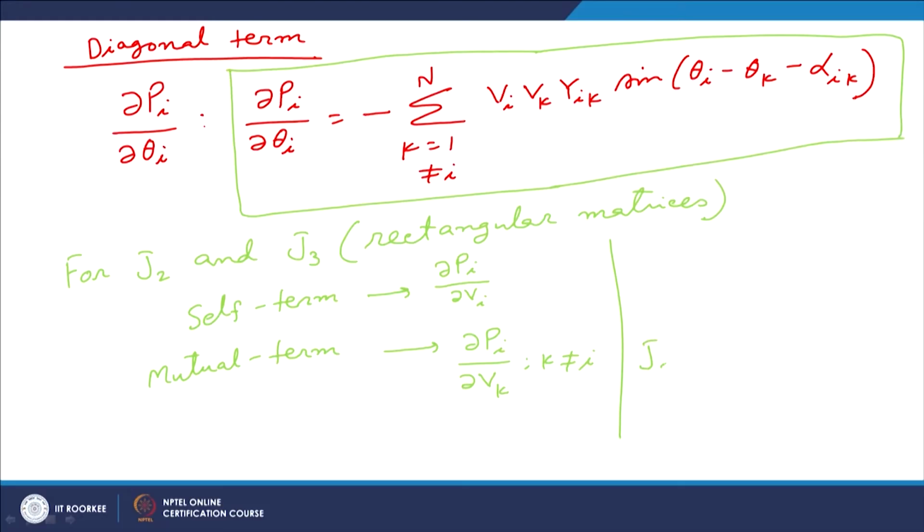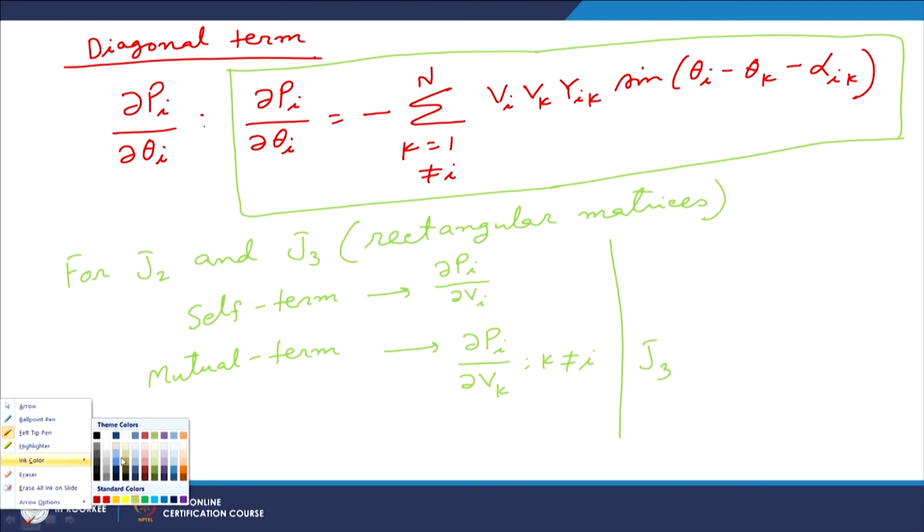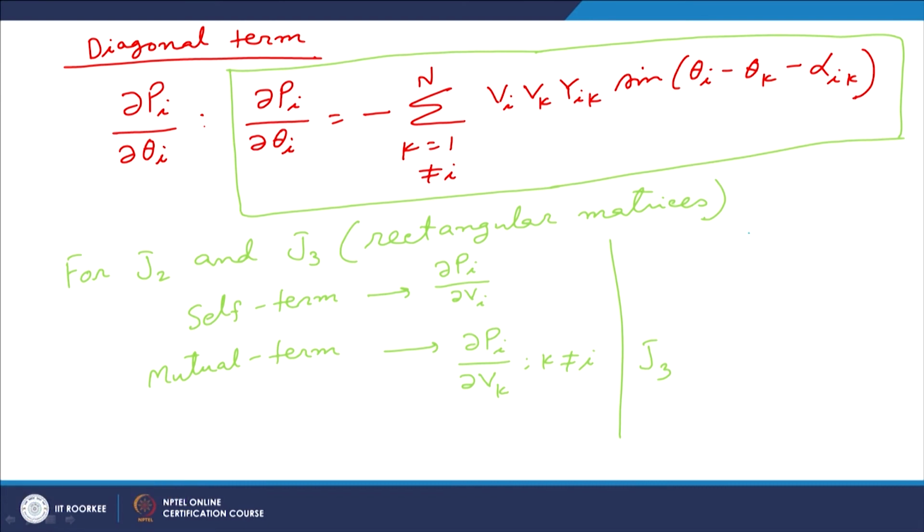So, this is for J2. And for J3, the self term should be delta Qi by delta theta i, and the mutual term would be delta Qi by delta theta k, for k not equal to i. So, this is for J3.